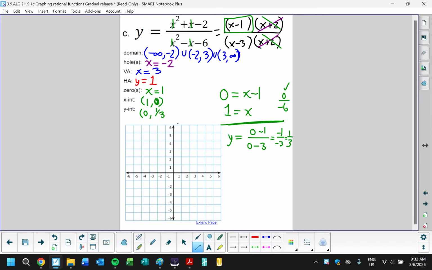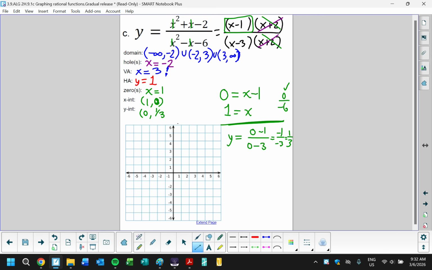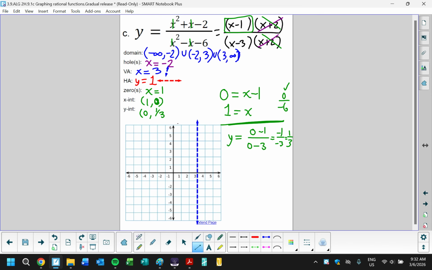Let's go on to example C, and we're going to graph everything we got. Firstly, we found that there was a vertical asymptote at x equals 3, so I'm going to go ahead and draw that vertical line. There was a horizontal asymptote at y equals 1, so I'm going to go ahead and draw that horizontal line. Are there any points that we know of? Well, when x is 1, y equals 0.